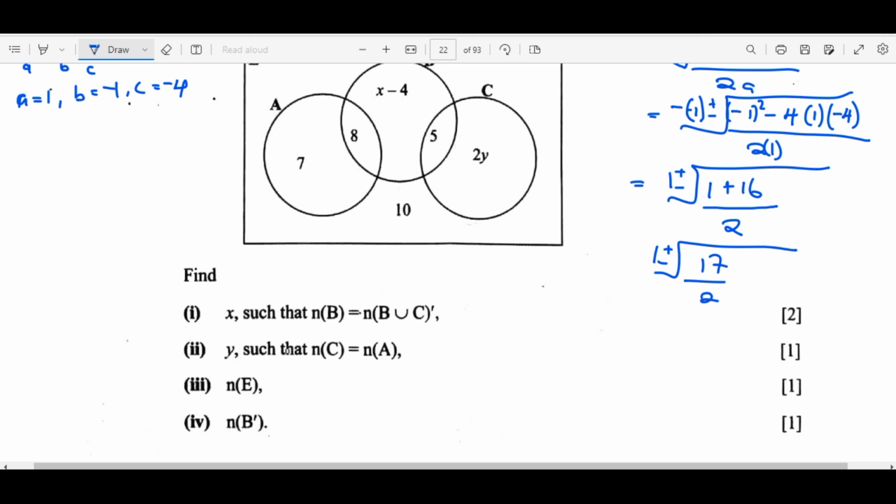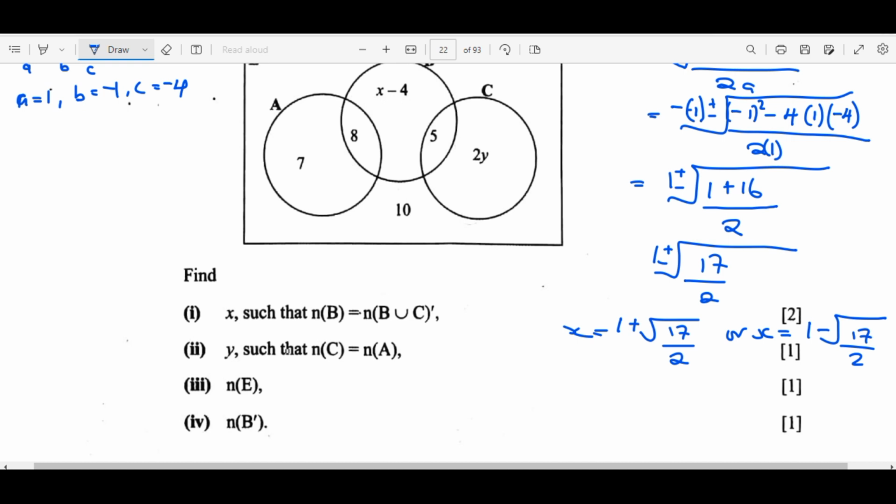When we reach here, we can separate it. The first one is 1 plus the square root of 17 over 2, and the second one, or, x is equal to 1 minus the square root of 17 over 2. So in this case we find the square root of 17.